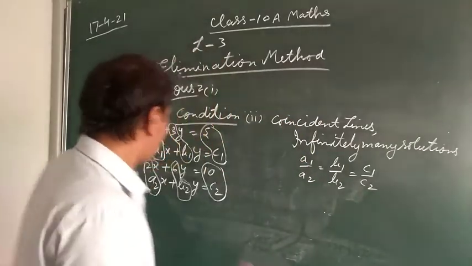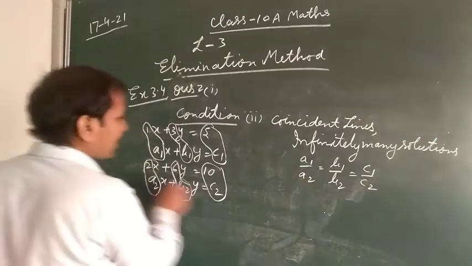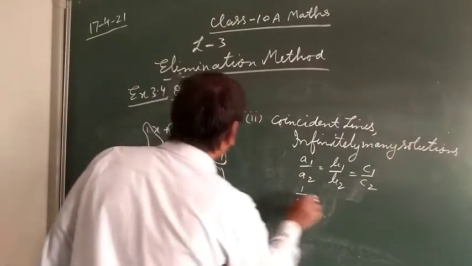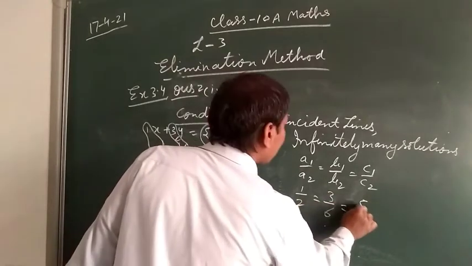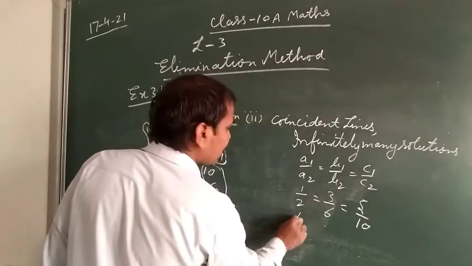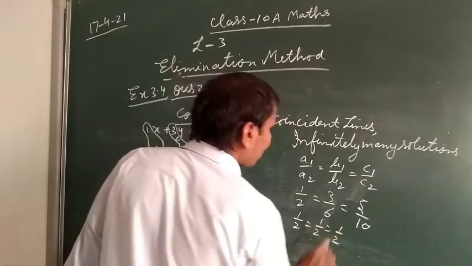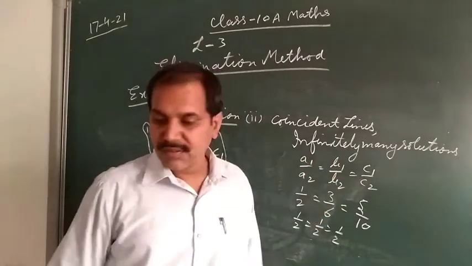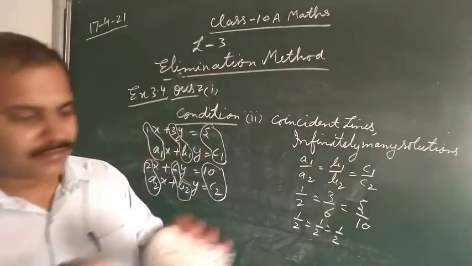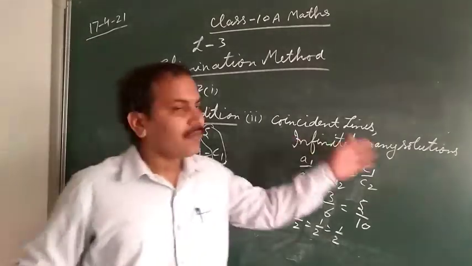So here you see a1 upon a2, 1 upon 2, is equal to 3 upon 6, is equal to 5 upon 10. So simplify: 3 upon 6 is also 1 by 2, and 5 upon 10 is also 1 by 2. So a1 upon a2 is equal to b1 upon b2 is equal to c1 upon c2, satisfying this condition. Clear? So infinitely many solutions.